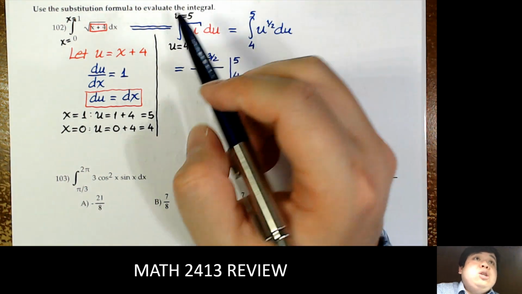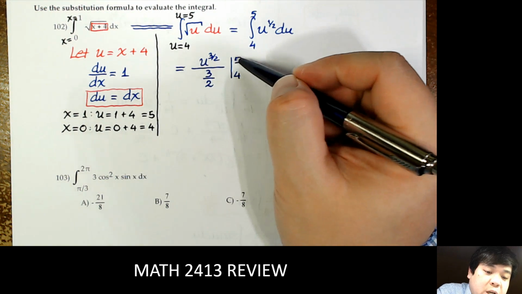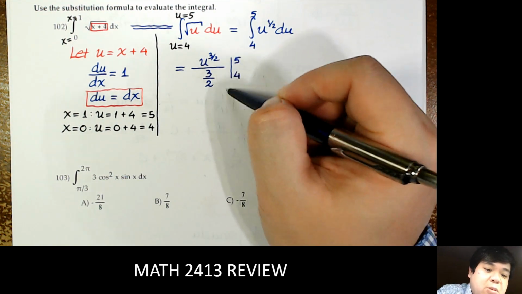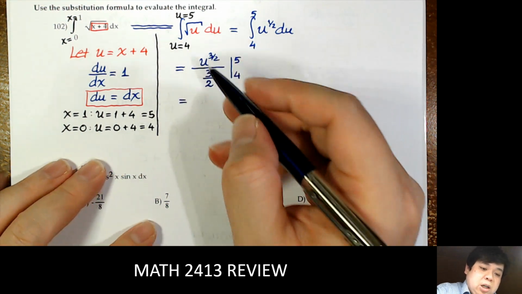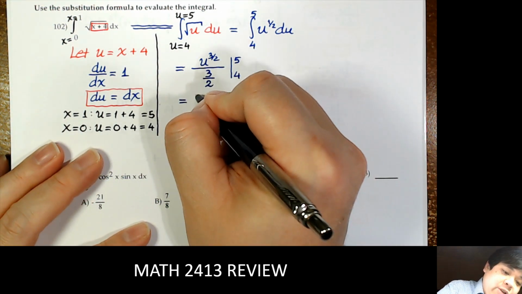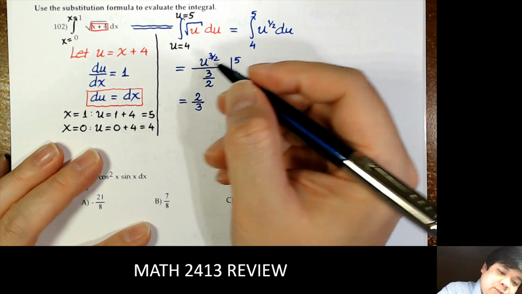Notice that in this form we changed the limit from x to u, so now we have u and we just have the limit for u. We don't need to substitute back in for x anymore. So 3/2 divided by 3/2 is multiplied by 2/3.